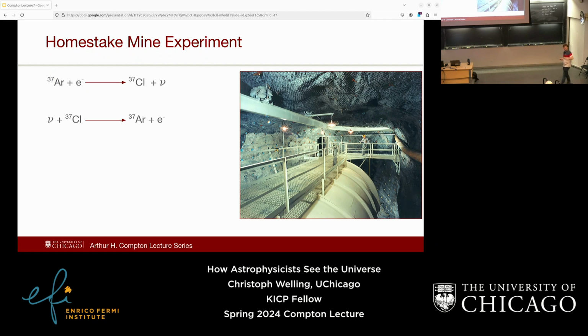So, yes? I saw a different reaction to do this. It's like some isotope was turned into a different isotope with a neutrino, and that emitted an X-ray burst specifically. I'm not entirely sure.